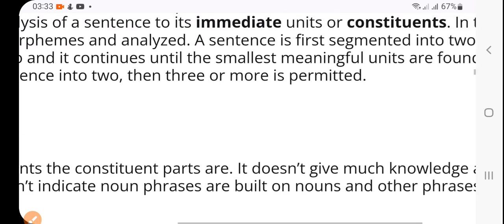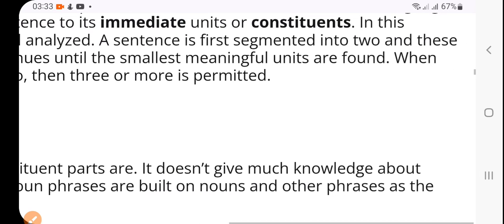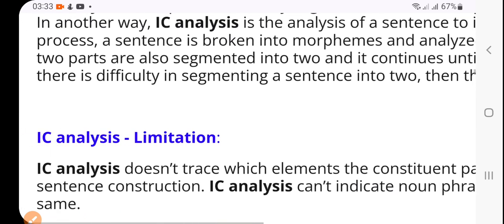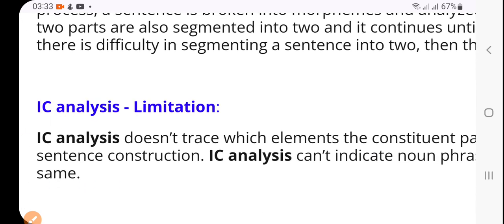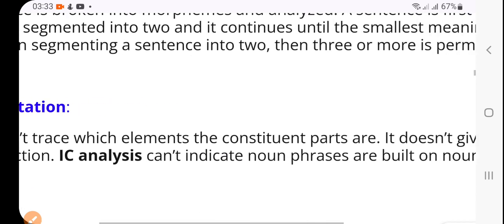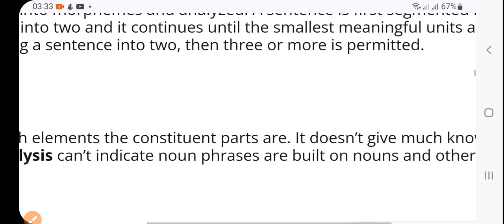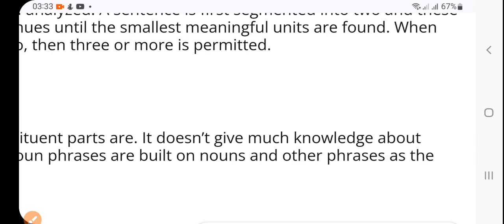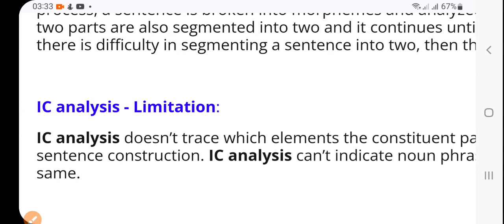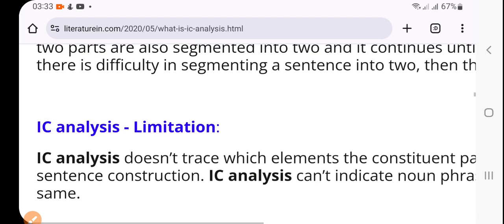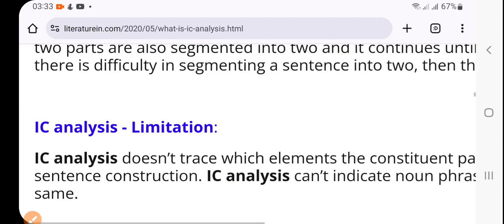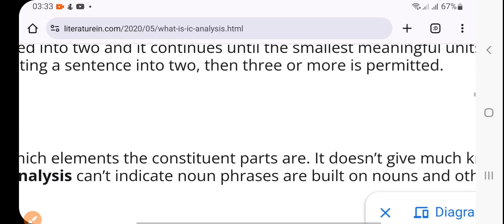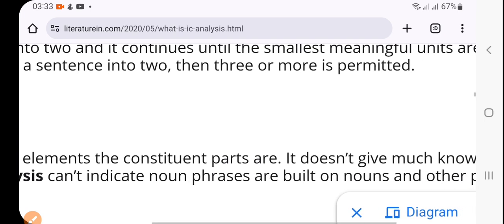Okay, a sentence is first segmented into two, and these two parts are also segmented into two, and it continues until the smallest meaningful units are found, right? So when there is difficulty in segmenting a sentence into two, then three or more is permitted.